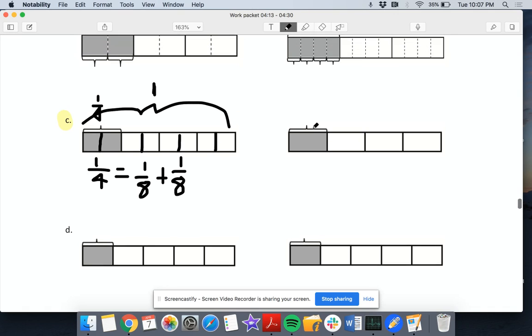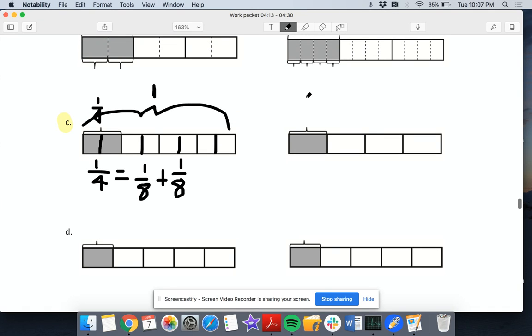Okay, let's move on. We know that this represents 1/4. What if instead of just putting one straight line in the middle of each box, what if I wanted to put two? Okay, I'm just dividing it up into more equal pieces. Okay. So now I have 1, 2, 3, 4, 5, 6, 7, 8, 9, 10, 11, 12.